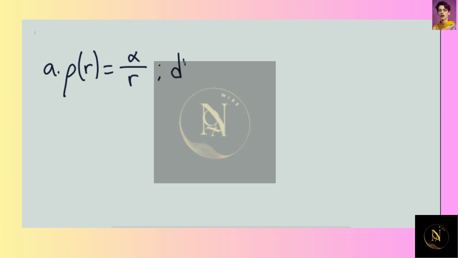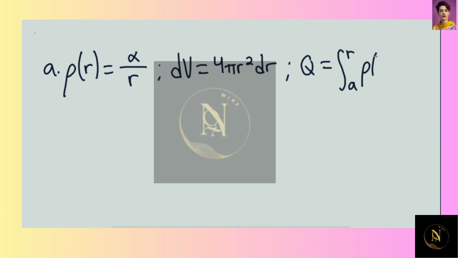We're going to say that the change in volume is going to be equal to 4 pi r squared times dr, and that the charge is going to be equaling the integral from a to r of rho of r prime dV.